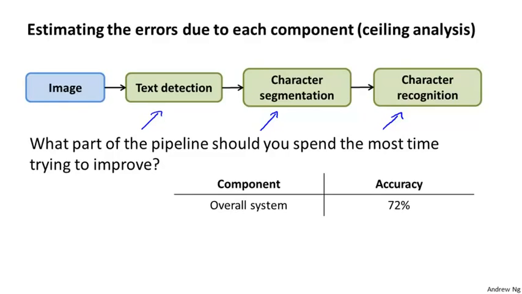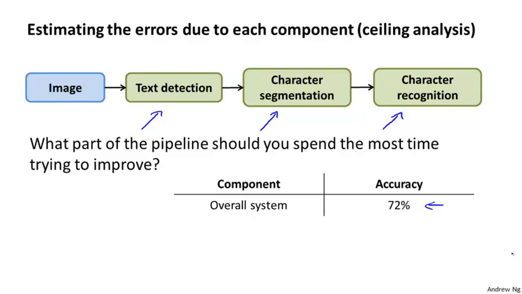Or you can pick some other single real number evaluation metric, but whatever metric we pick, let's say we find that the overall system currently has 72% accuracy. In other words, we have a set of test images, and we run each through text detection, then character segmentation, then character recognition, and we find that the overall accuracy of the entire system on our test set was 72%.